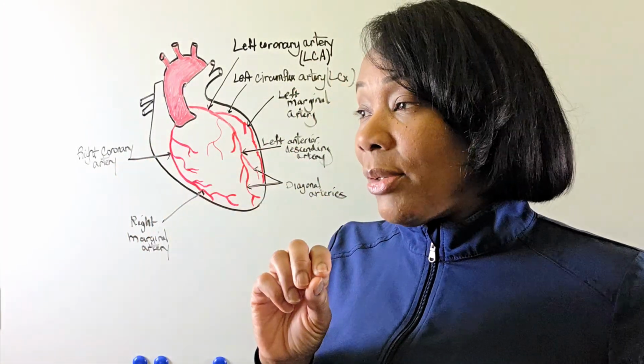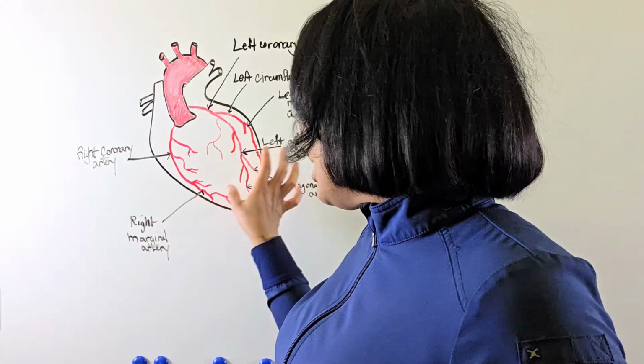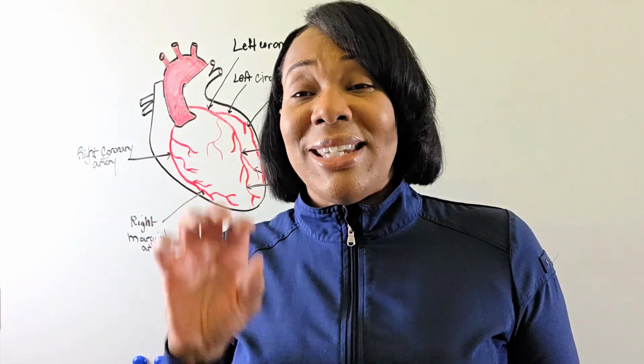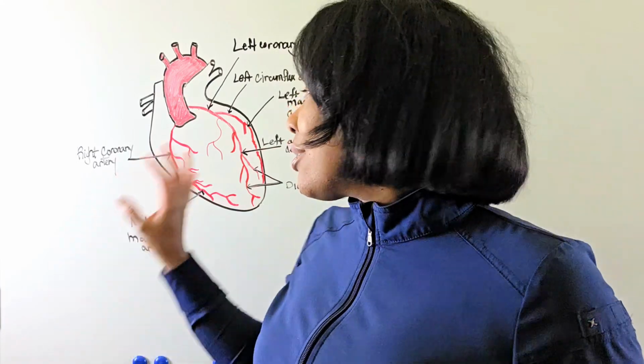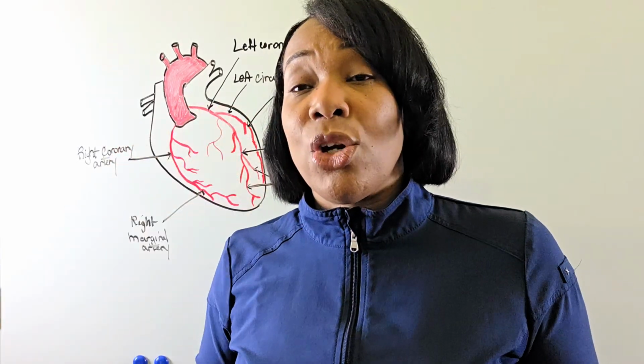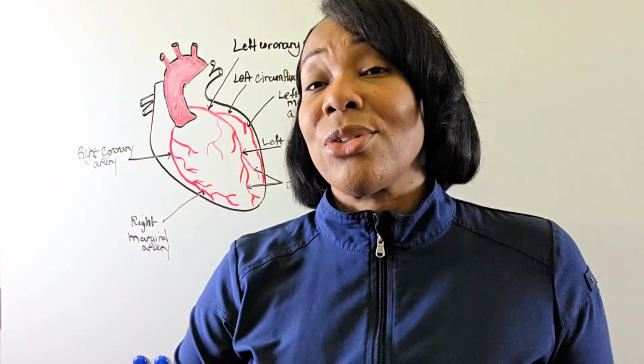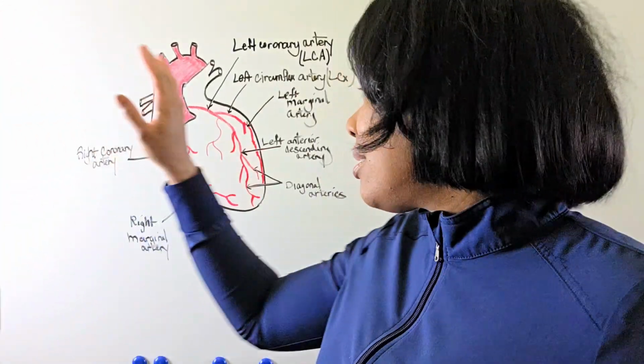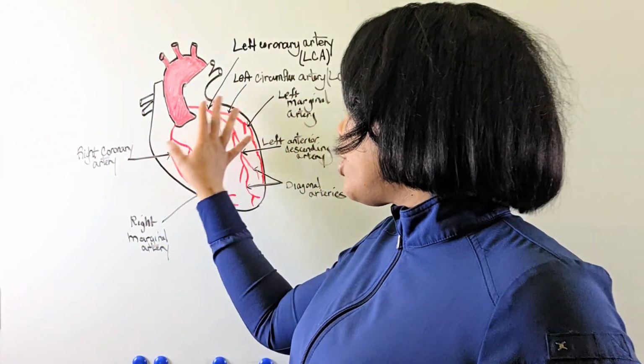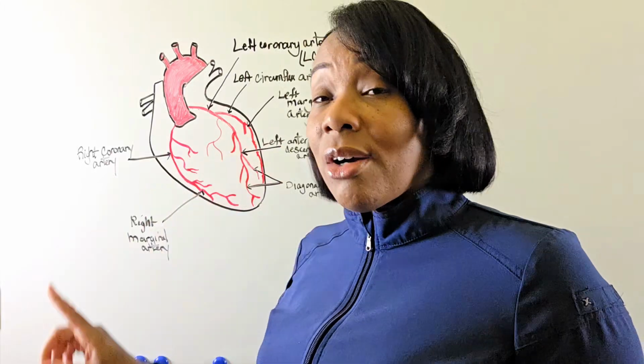Now, when you think about it, think of it this way. This artery is the major artery that supplies about 50% or more blood to the anterior side of the heart. So your LAD, as I mentioned, supplies 50% of the blood to the heart.